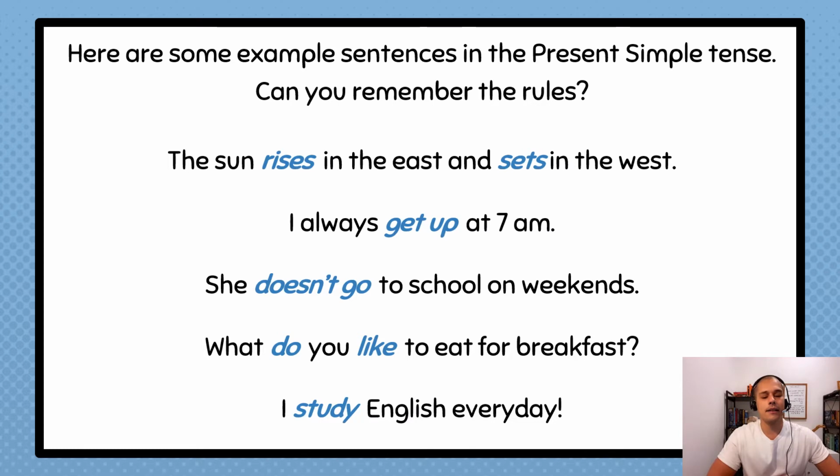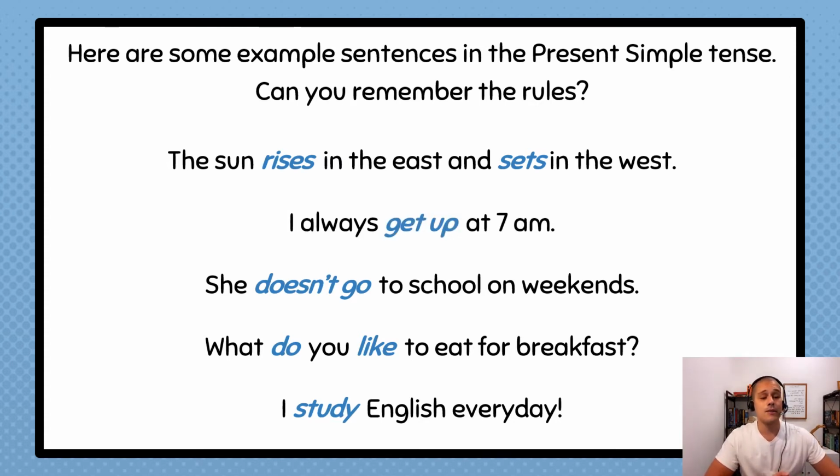And the last example we have here, I study English every day. Every day is another word that I want you to pay attention to because we're talking about not only adverbs of frequency, but also adverbial expressions like every day. It means it's part of a routine, right?